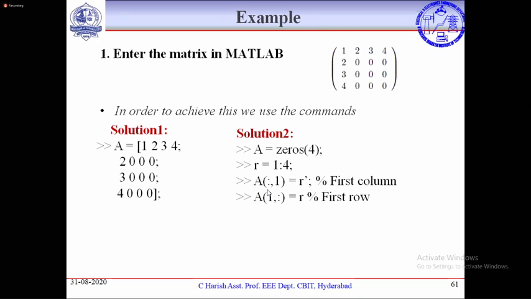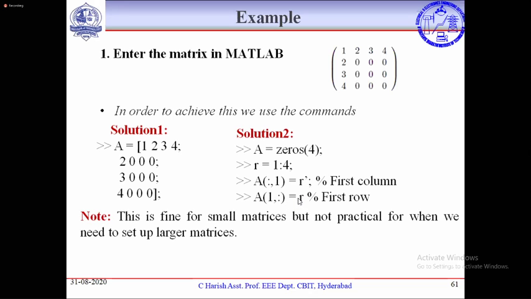A of colon comma 1 equal to R transpose. R from 1 to 4 is a row, and I want to convert it to a column, so it is R transpose. And another one is the first row: A of 1 comma colon is R, the first row. So this is a way you can represent it.